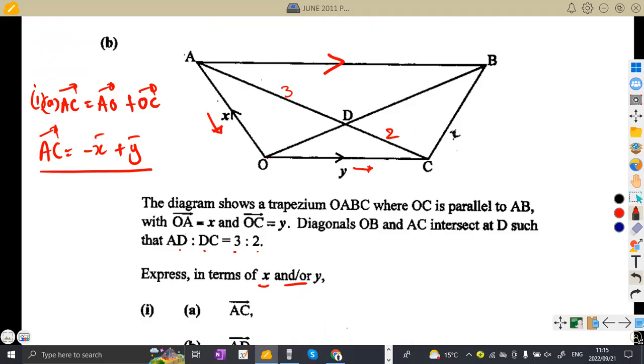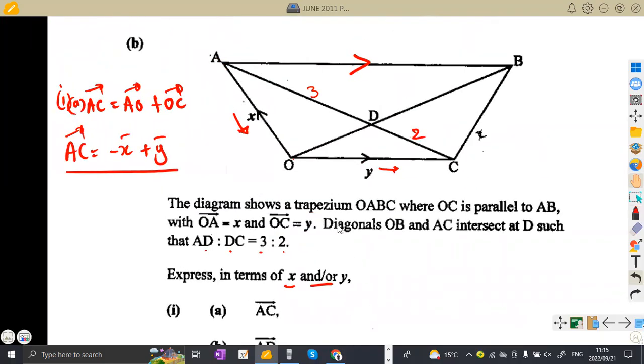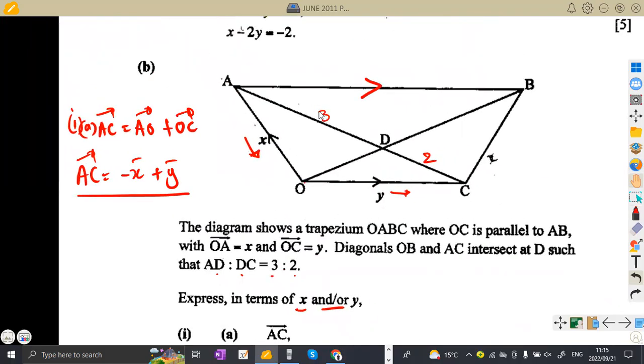Then we move on to the other part, which is AD. So from A to D, we can use the ratio because we've got the ratio. AD is 3 parts out of AC; if you had to cross-check, AC is a combination of 3 plus 2. So AD is 3 parts out of 5 of the whole line of AC, which we calculated before.